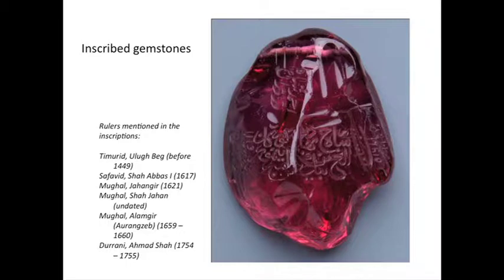Their names are inscribed, and the dates of the ownership, or when they received it, are inscribed on the gem. So that's something that is characteristic of really impressive gemstones within this period.